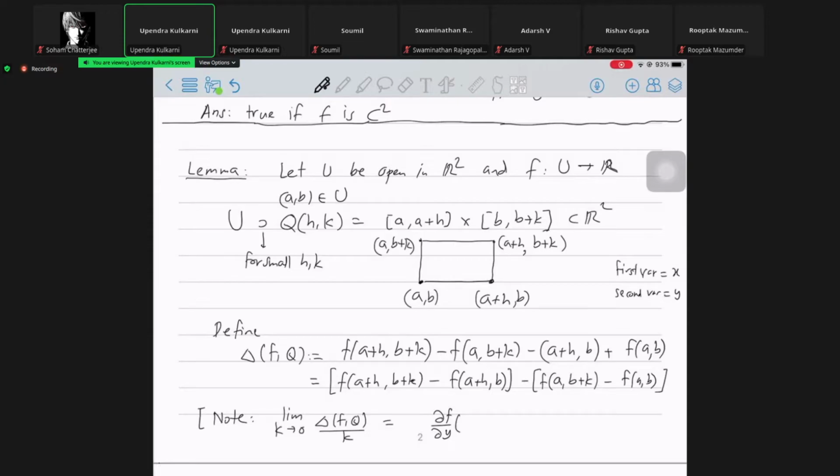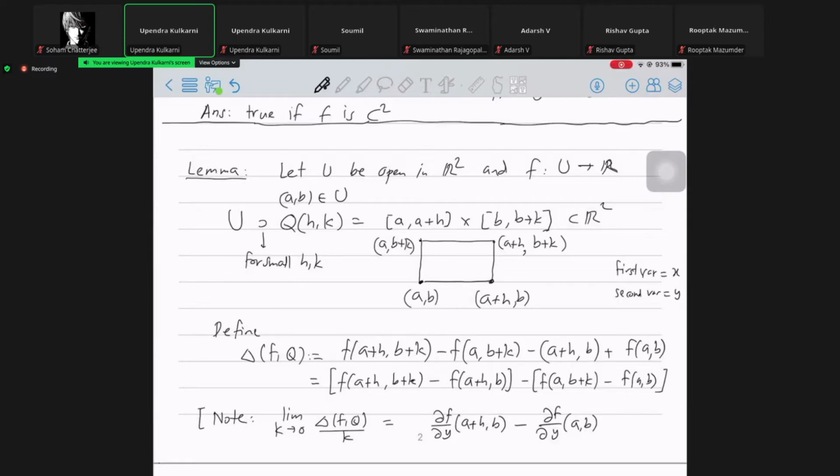So this is del F by del y of what, at what point? At (A plus H, B). And in the second one, I'm going to have del F by del y at the point (A, B). Very good.